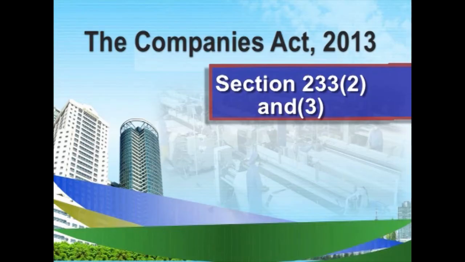Such confirmation also has to be communicated to the ROC where the transferor company or companies were situated. Registration of the scheme by the central government under section 233 subsection 2 and subsection 3 is to have effect of dissolution of the transferor company without the process of winding up.